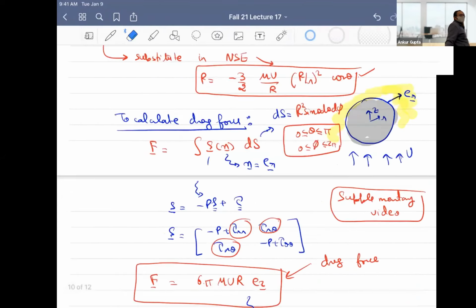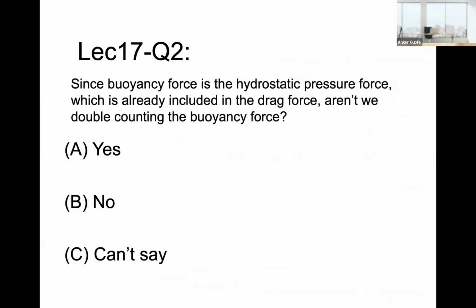So aren't I double counting the buoyancy force? When I'm doing a calculation, I have a drag force, it already has a pressure force, and then I'm saying, oh, I'll also add a buoyancy force. So aren't we double counting it? Thoughts?